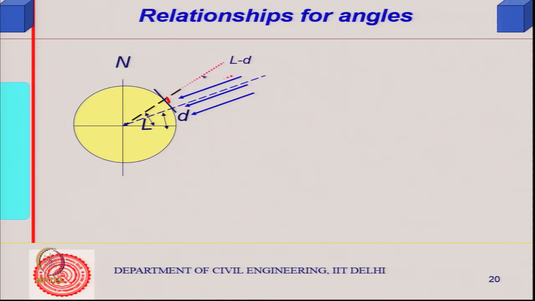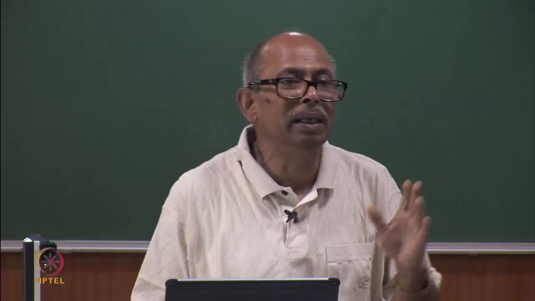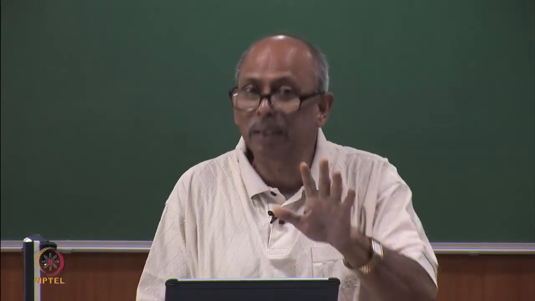The angle between the vertical, which is the radius to that point extended, and the sun's ray is the zenith angle. The vertical is normal to the horizontal, and the sun's ray is parallel. This angle is latitude, this angle is declination, and the difference between them, L minus d, is the zenith angle. Zenith angle equals L minus d, this is only at 12 noon.